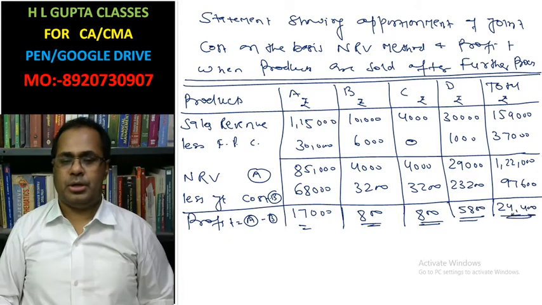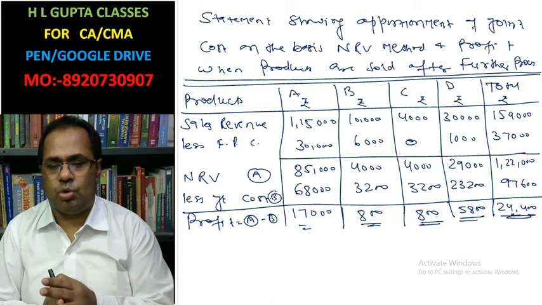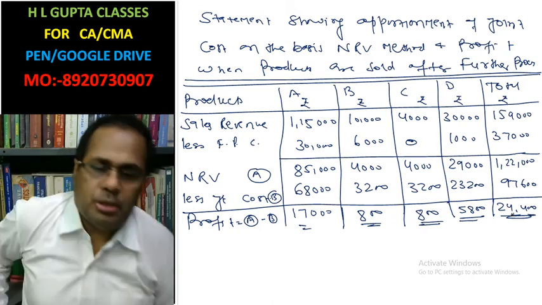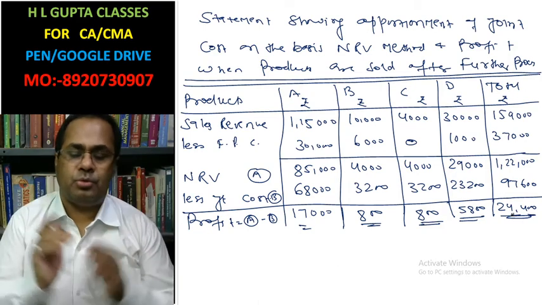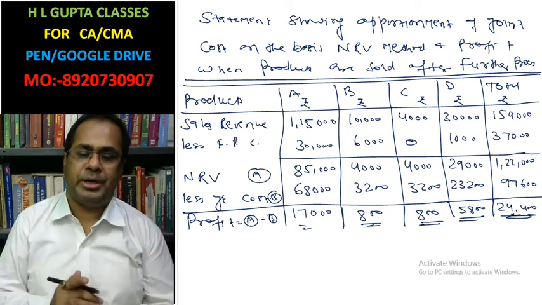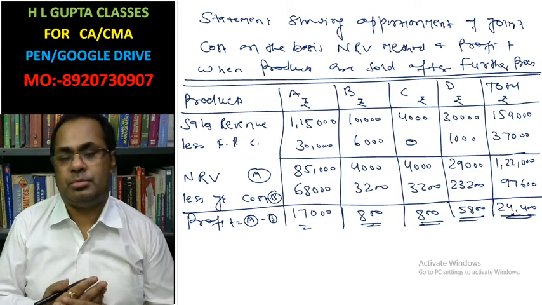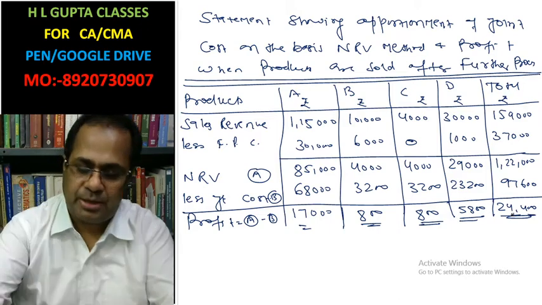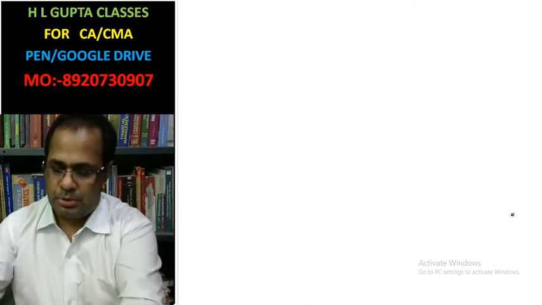This is the profit if products are sold after further processing. Now you have to calculate a statement showing profit when products are sold at a split-off point.